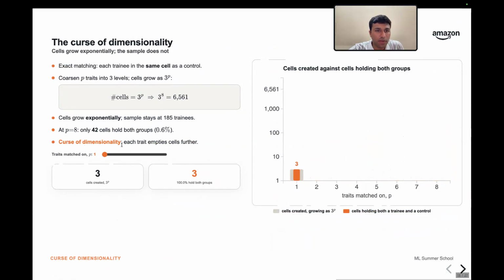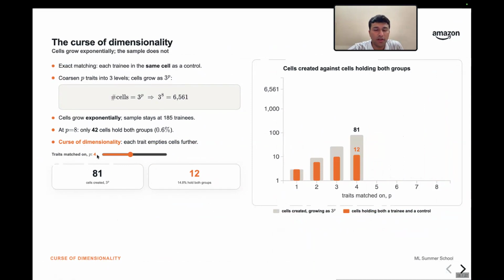So the value of p will basically be exponential. As you increase the value of p, which is how many traits the data set is actually matched on, and traits here is basically age or your earnings, etc., you see that the number of cuts that you are making to the data set actually goes up exponentially.